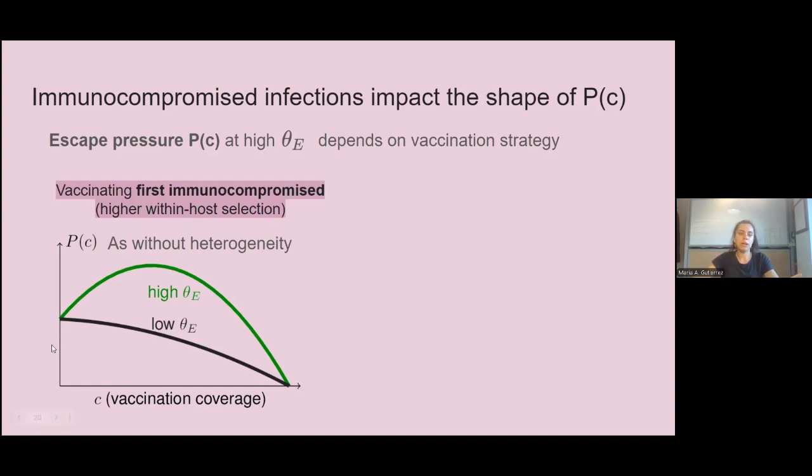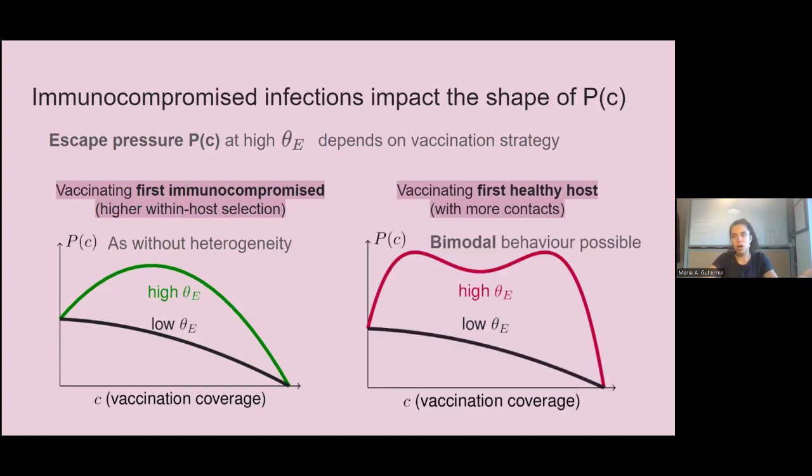You have that peak when you've basically vaccinated all of the vulnerable hosts, but as you start vaccinating the healthy hosts, it decreases again. But then if you switch the order and you start first with the healthy hosts that have more contacts, that's going to be good to reduce transmission, but not necessarily to reduce the escape pressure. But to be precise, you get this bimodal shape at high theta E.